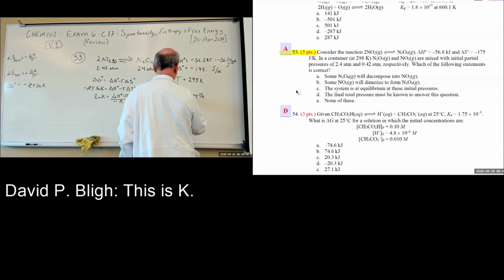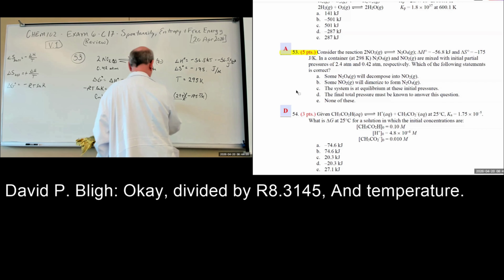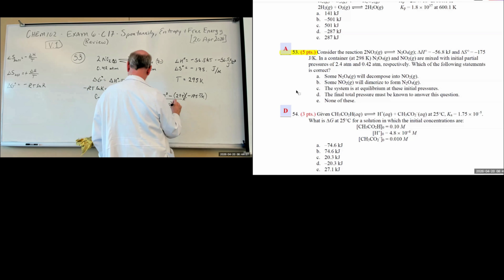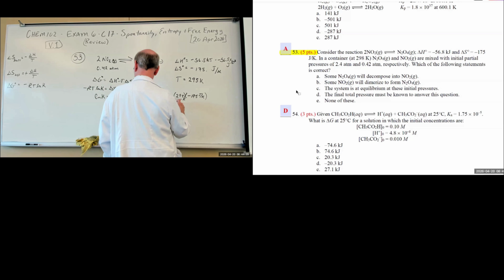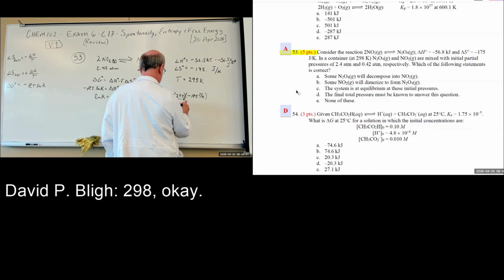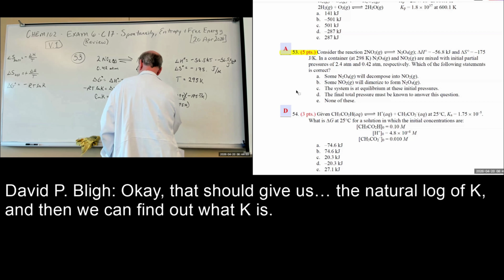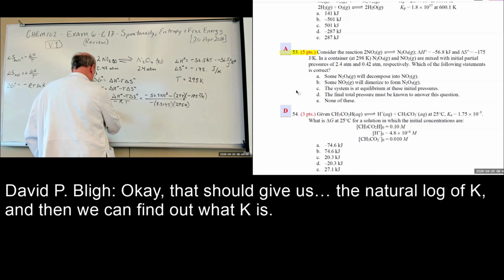Okay, this is K. Divided by R, 8.3145 and temperature 298. That should give us the natural log of K, and then we can find out what K is.